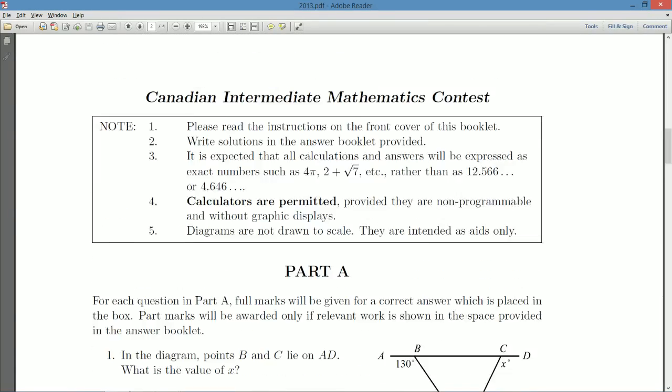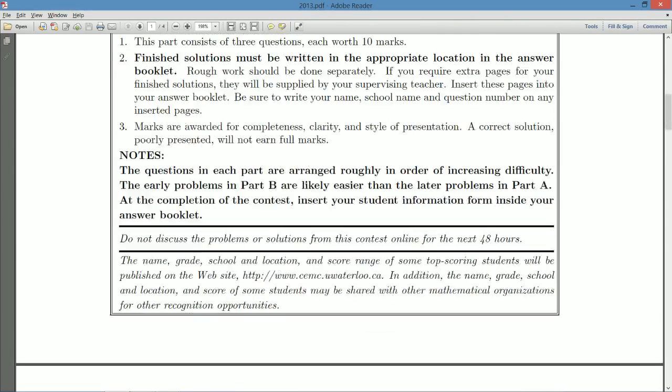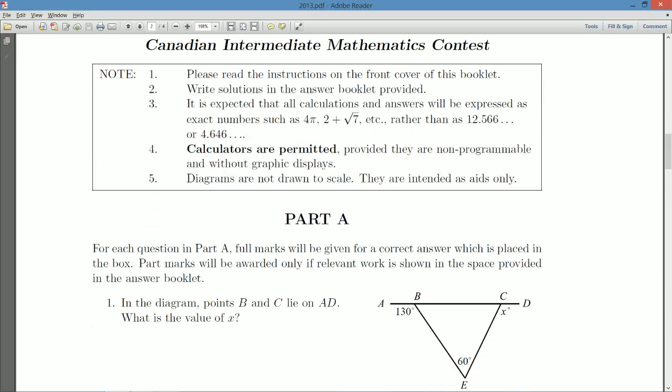So we have your usual preamble here. Always read everything just in case they change something every year. And as my usual note, go onto the CIMC website, try the contest first. You learn so much more by practicing and trying yourself before watching how to do solutions. Knowing how to do one question on one contest doesn't really help you on the next contest because they're completely different questions.